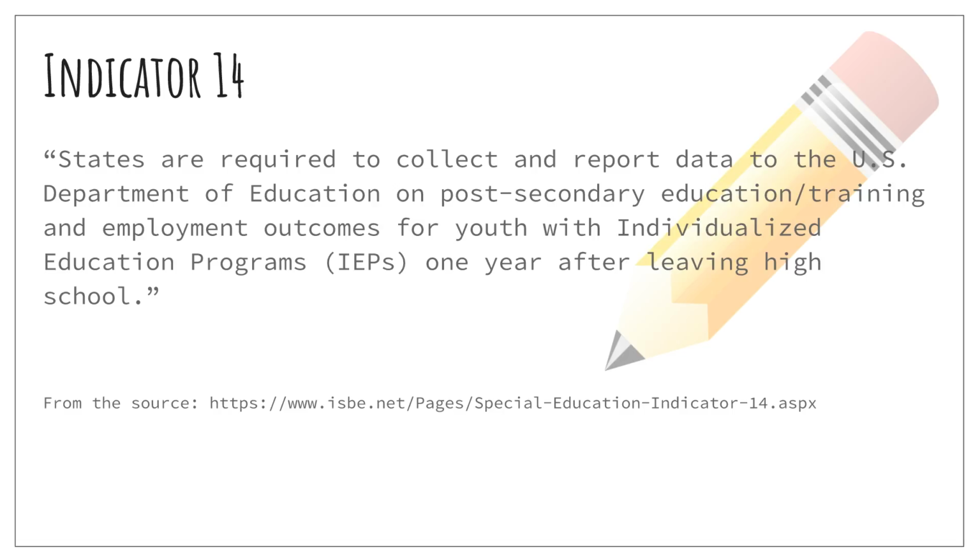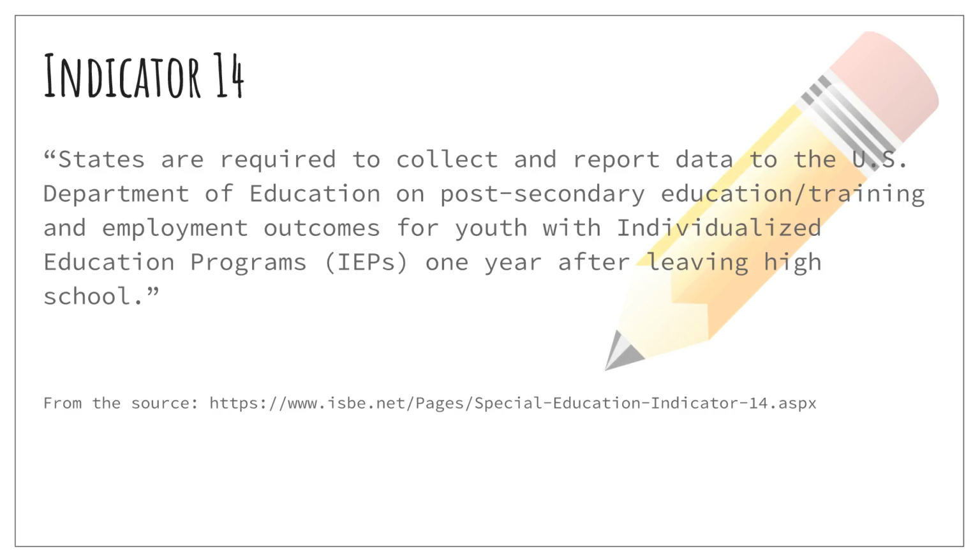A year after exiting high school, you would then complete indicator 14, where states are required to collect and report data to the U.S. Department of Education on post-secondary education, training, and employment outcomes for youth with individualized education programs, or IEPs, 1 year after leaving high school.